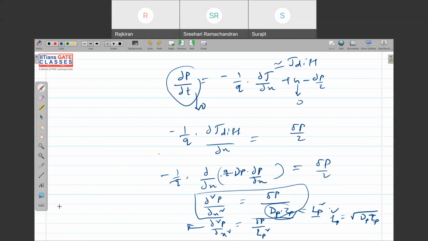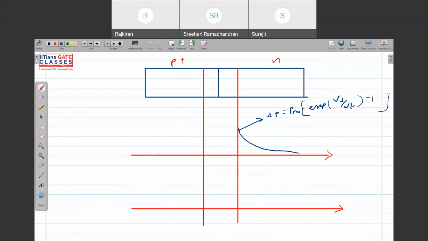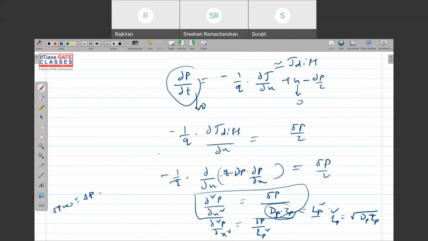You will get del p equal to del p at the junction into exponential of minus x by Lp. So del p of x is equal to del p, which is the concentration at the junction, into exponential of minus x by Lp.